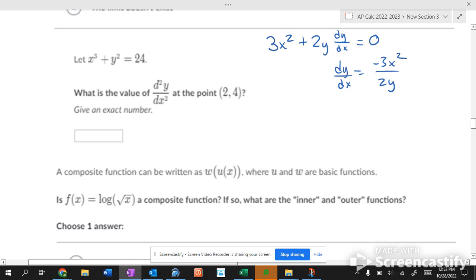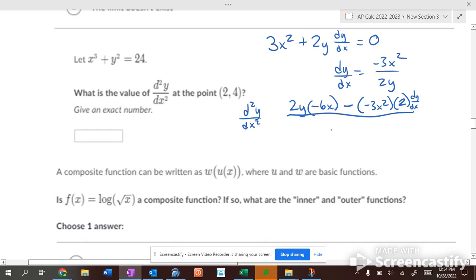Okay, so then when we take the second derivative, it's 2y times negative 6x minus negative 3x squared times 2 all of dy. Ooh, I forgot the dy dx. Over 2y squared.